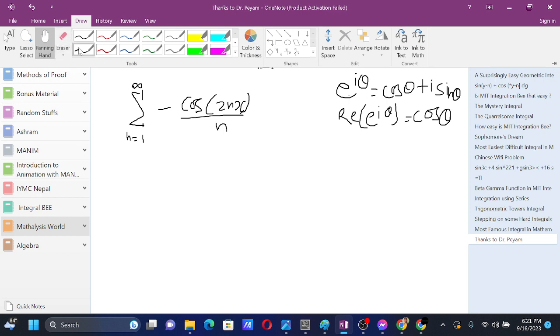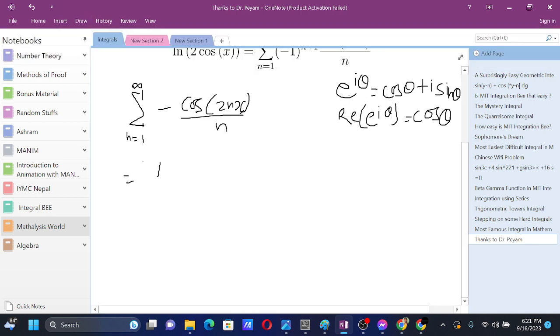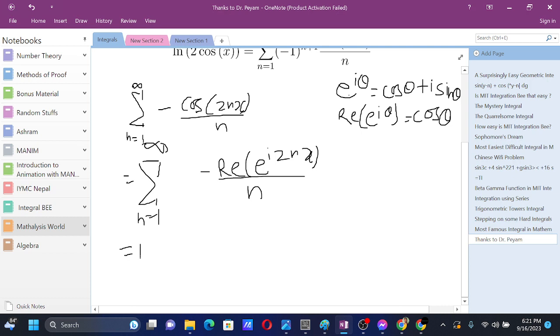Now we can say that minus cos 2nx is just the real part of e to the power i 2nx by n, with a minus sign. And since this is a summation and this real part function is linear, we can just take the real part function out of the sum.